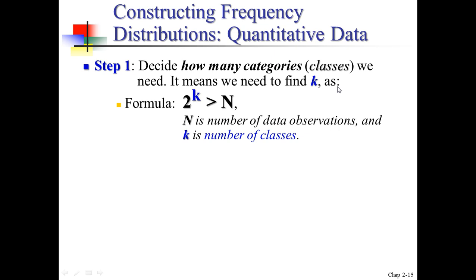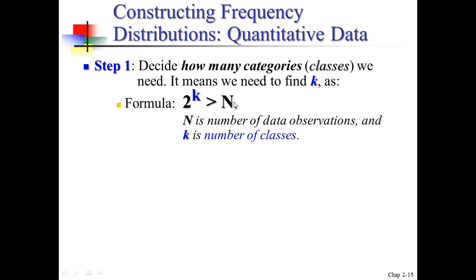Your class has 50 students. I want to make a frequency distribution for your class based on maybe age, or based on the money that each student has in their pocket, maybe based on age.